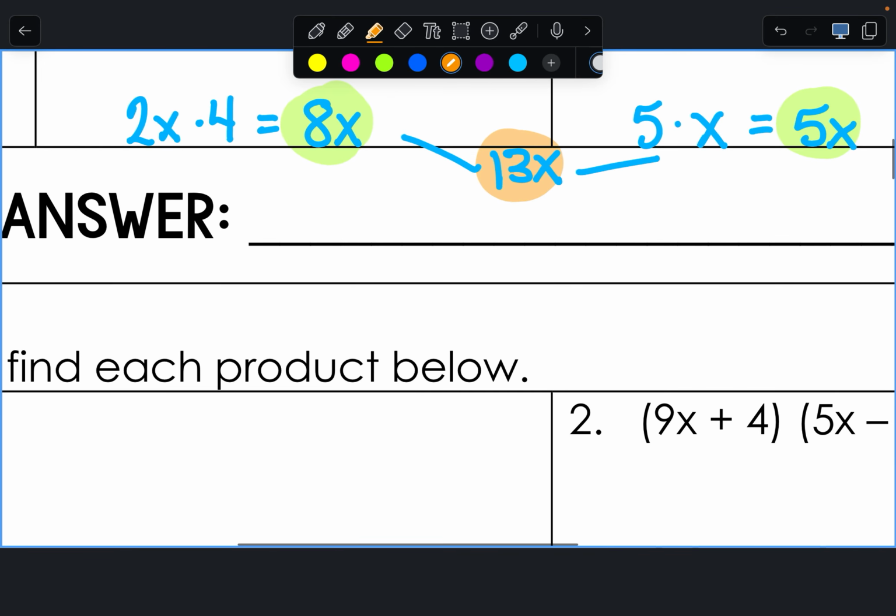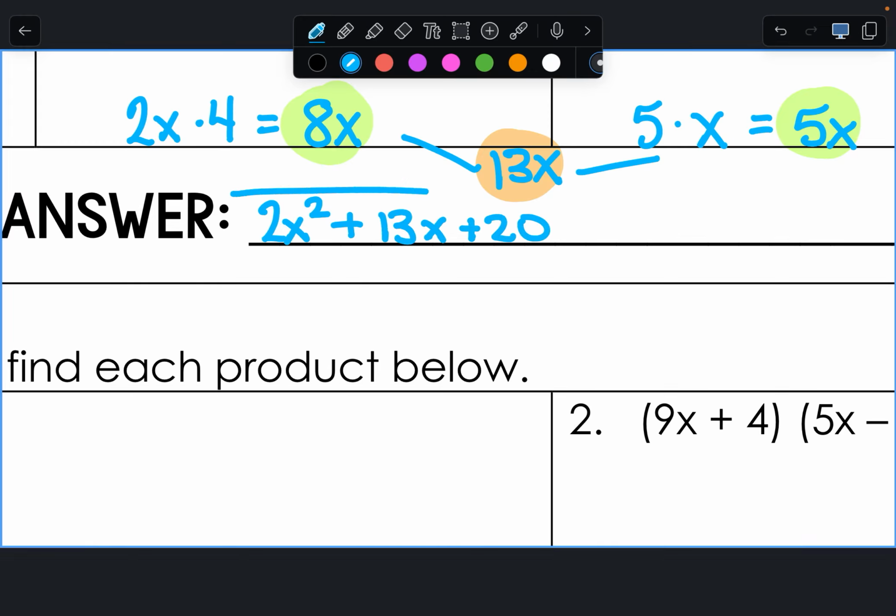Our answer is going to be 2x squared plus 13x plus 20. Okay, that's easy. It's not super difficult, but there's always more to it. In this case there is not. Well, a little bit more.